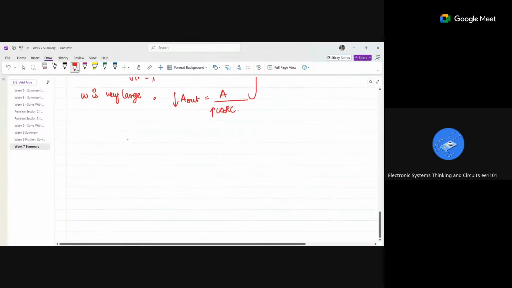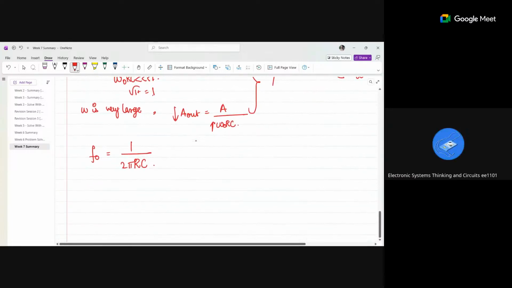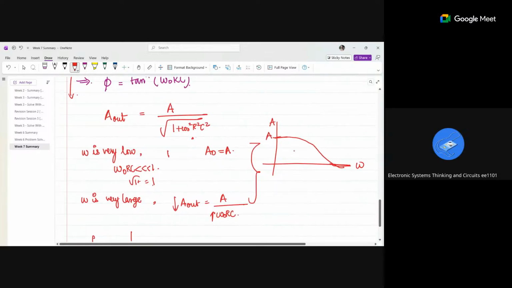And there is another formula to find the cutoff frequency. It is 1 by 2 pi RC. If I'm going to design a low pass filter, there will be something called the cutoff frequency.